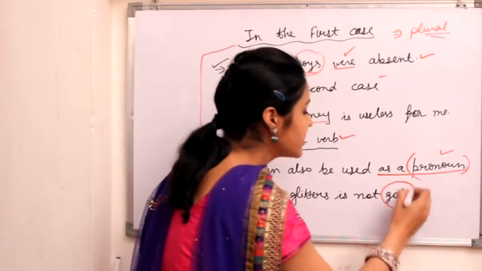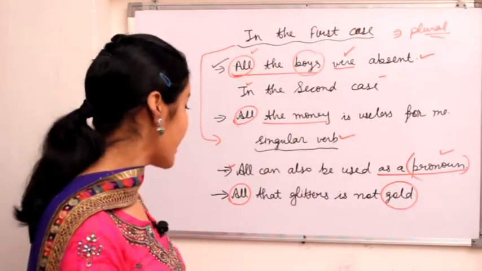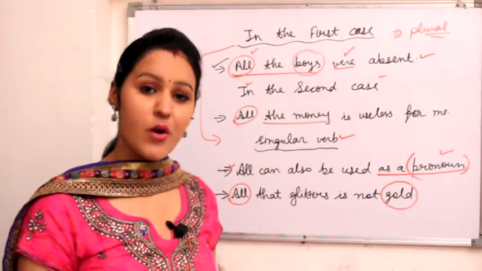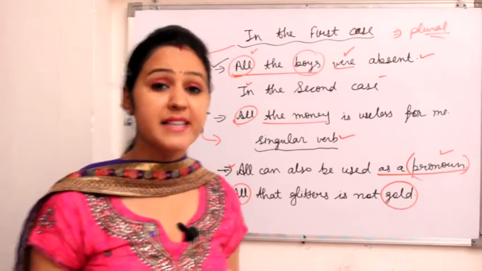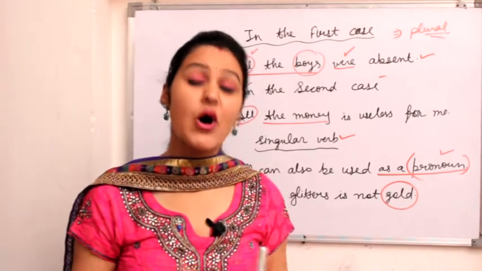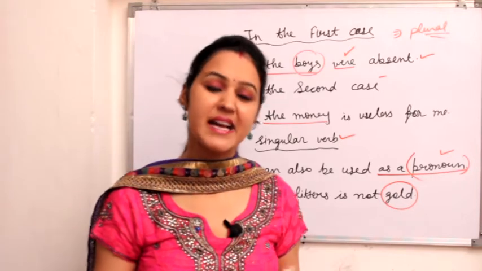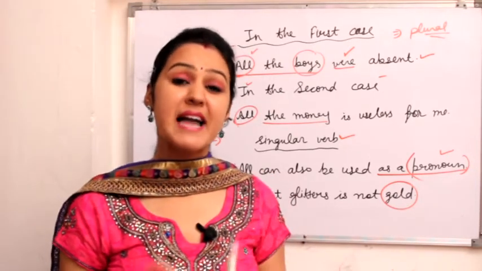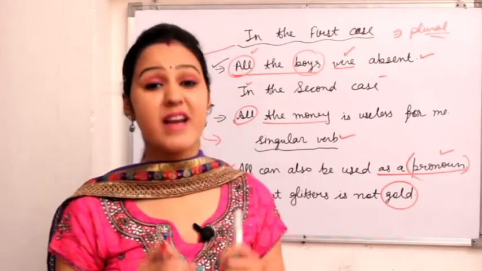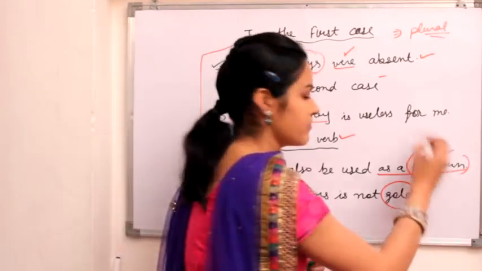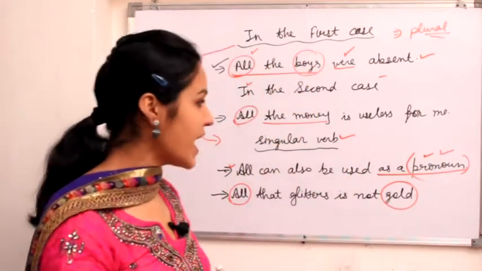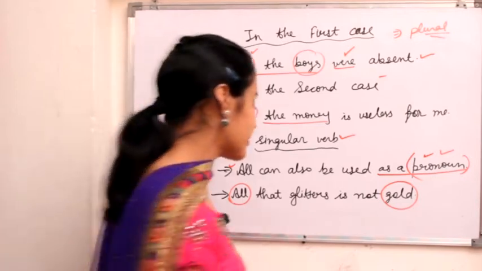Here I use gold. That's why I use all here. In the end, I explain that all can be used in plural and singular cases as well as in pronouns. Clear, friends?